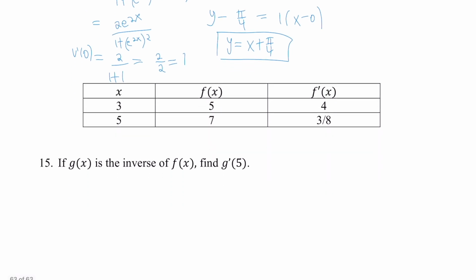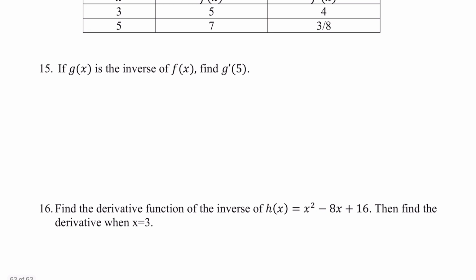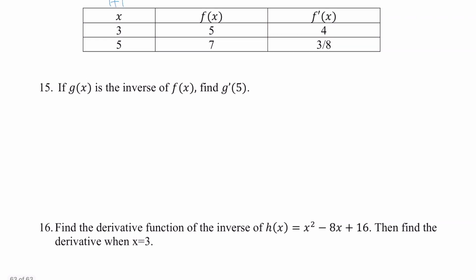Okay, and then number 15. If g of x is the inverse of f of x, find g prime 5. G prime is going to be something that we need to find. So according to the derivative of inverse equation, we're going to have 1 over f prime f inverse of x, right?